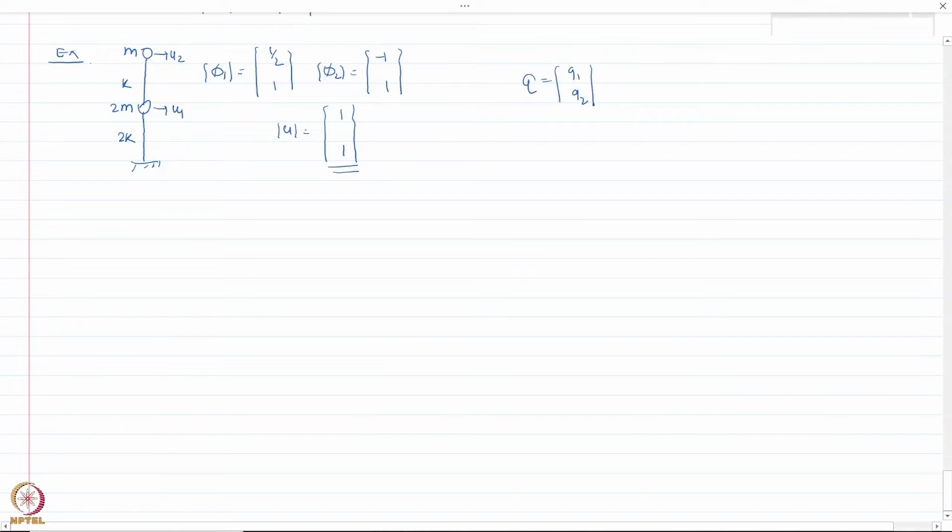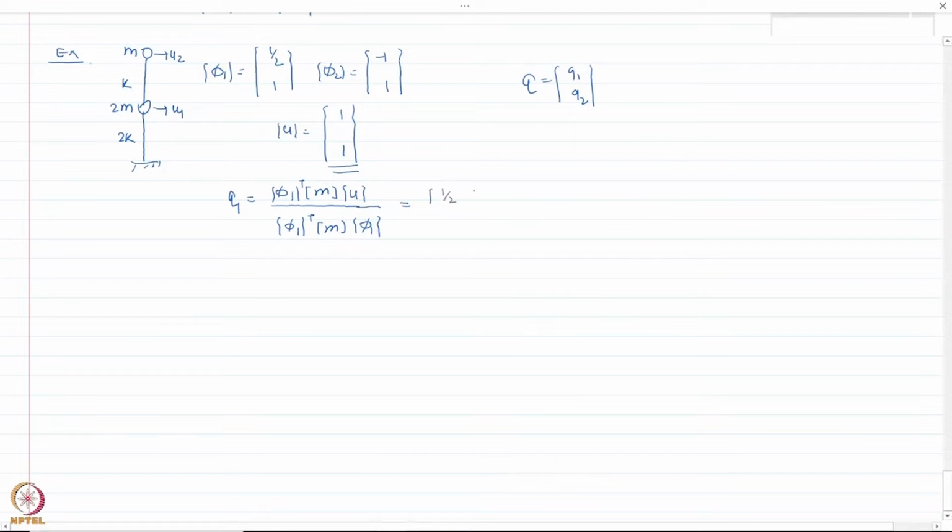All right, so my q1 will be nothing but phi 1 transpose times m times u, divided by phi 1 transpose times m times phi 1. Let us substitute those vectors here.